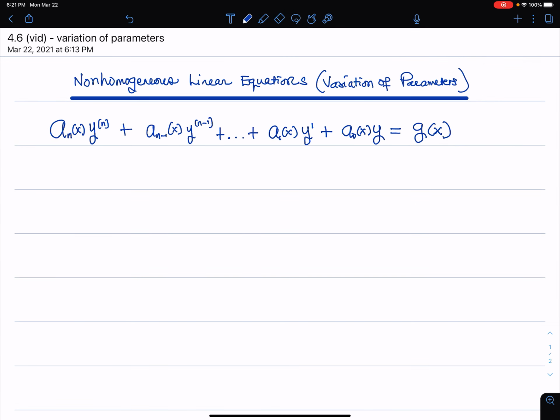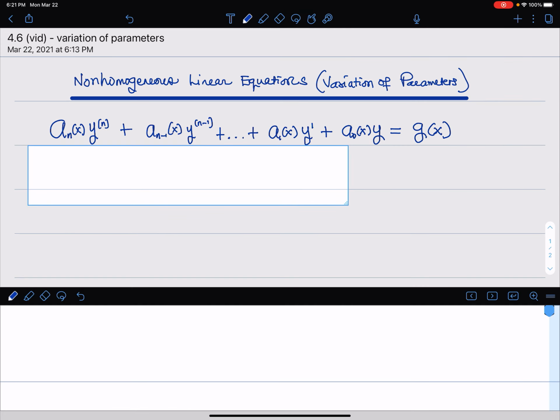We looked at how to solve non-homogeneous linear equations using the method of undetermined coefficients.